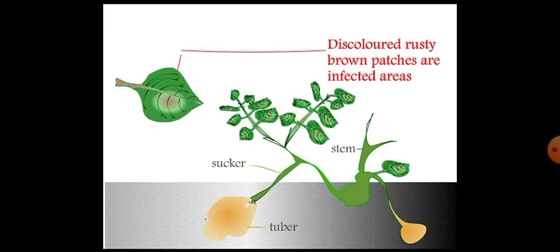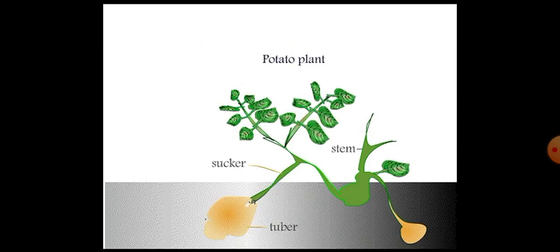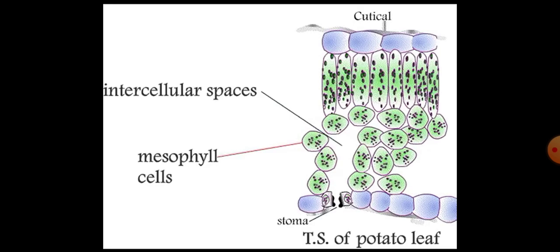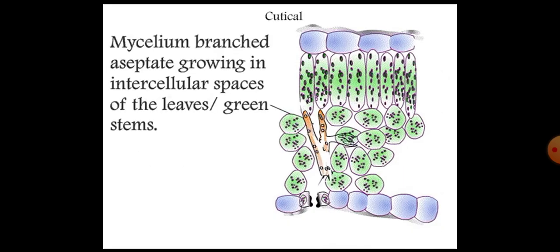Here you can see a potato plant with underground tubers, branches. So here is the structure of a leaf. You can see the mesophyll cells and intercellular spaces, the stoma, singular.